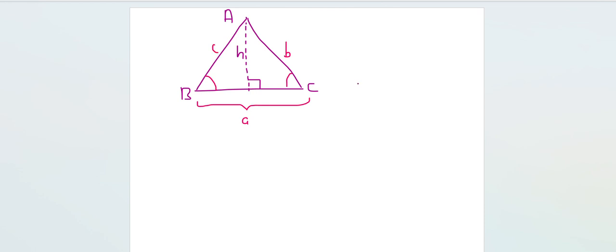Now I can do trigonometric ratios of sine on angle B and angle C. What is sine of angle B? Sine of angle B is the opposite side divided by the hypotenuse. The opposite side in this case is H. I'm only considering this triangle, this part over here.